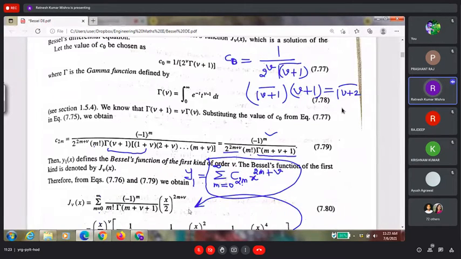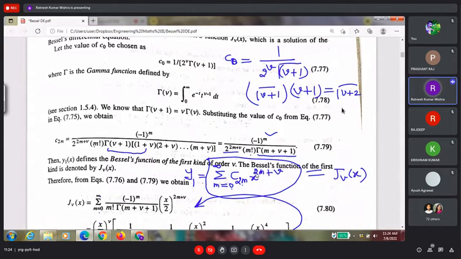Suppose this is y1, that is, J v of x. So J v of x is summation m equal to 0 to infinity, C2m meaning minus 1 to the power m and x to the power v outside.